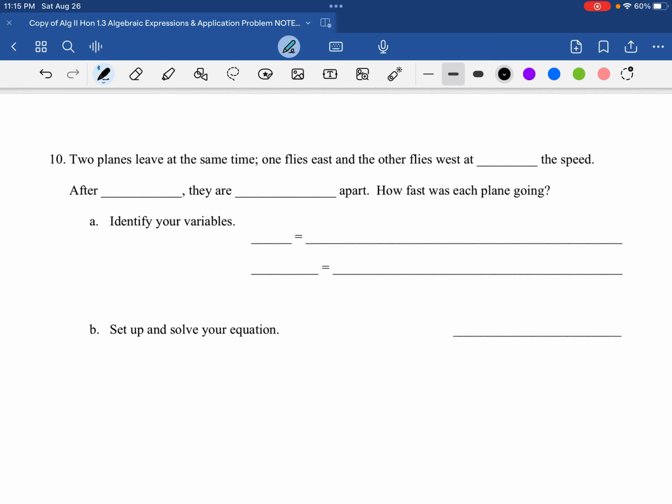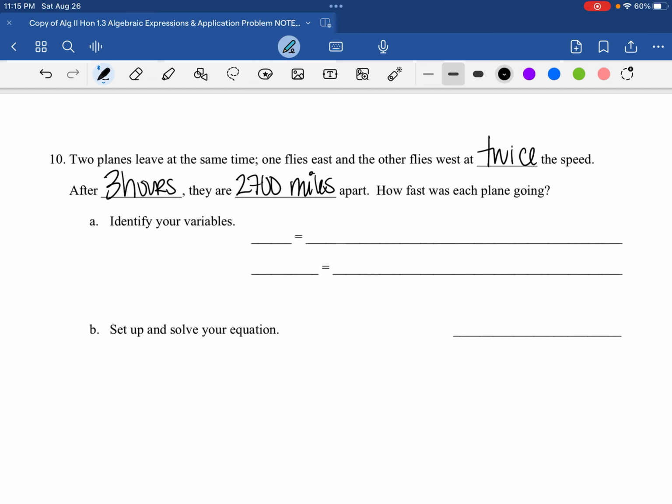Okay. Last but not least, we have two planes leave at the same time. One flies east and the other flies west at twice the speed. After 3 hours, they are 2,700 miles apart. How fast was each plane going? So when we're identifying our variables, we are trying to figure out how fast each plane is going.